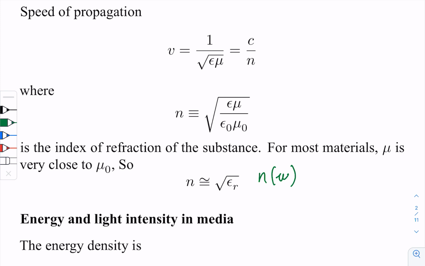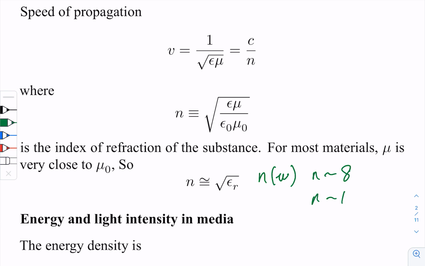So for example, for the DC susceptibility, the index of refraction n could be 8 for water, or for glass, and n can actually be only around 1 for water at high frequency.